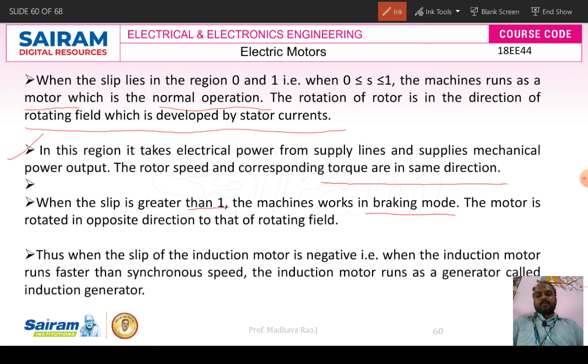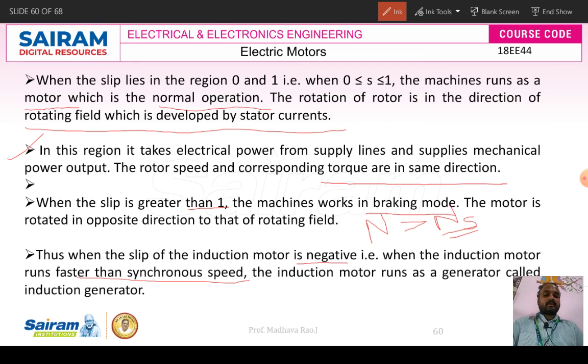When the slip of the induction motor is negative, the induction motor runs faster than synchronous speed. In this case, the rotor speed increases to more than the synchronous speed.